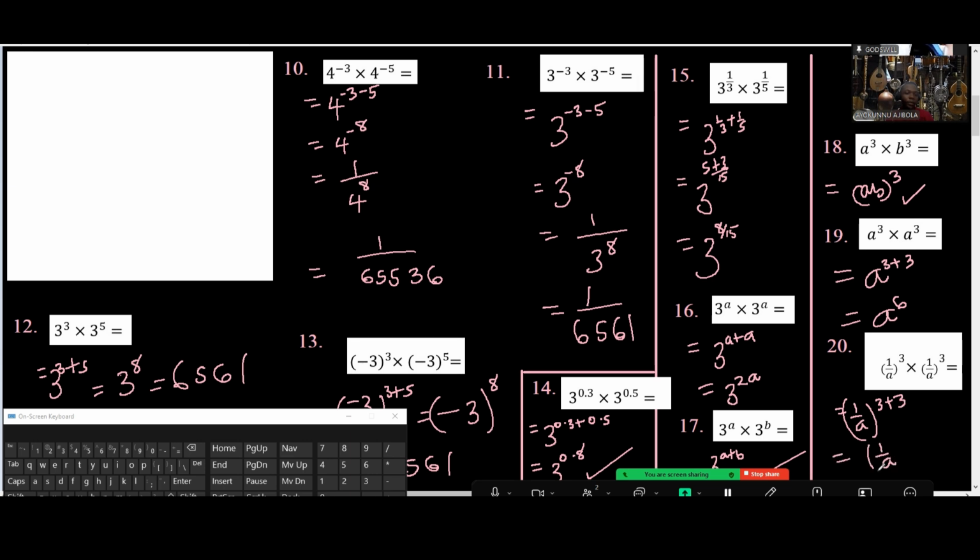And this is 1 over A raised to power 6. And we can say this is 1 raised to power 6, which is 1, then A raised to power 6. Then finally A raised to power minus 6. Okay? Based on the law I explained before. So A raised to power minus 6. Okay, I'll give you some time to put this down before I give you something to try.